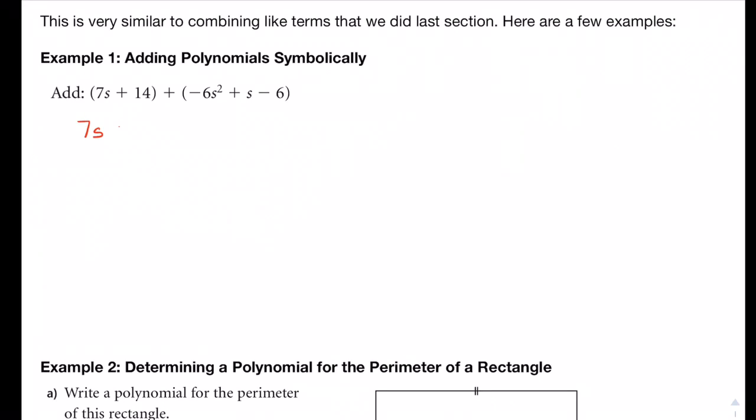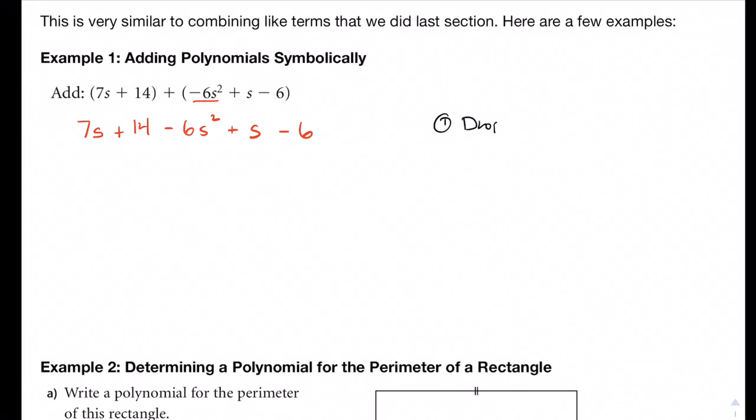We have 7s plus 14. We drop those brackets and we ignore the plus sign. So all we do is 7s plus 14, then minus 6s squared, which is this term right here, plus s minus 6. So all I did was we dropped the brackets. Let me write this down.